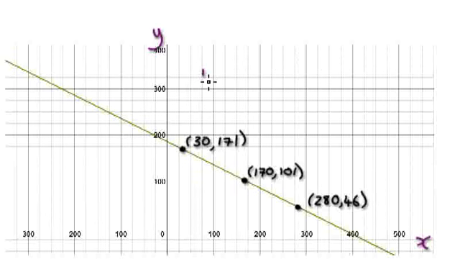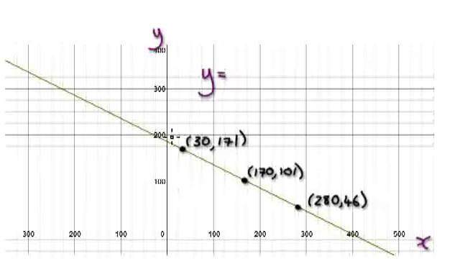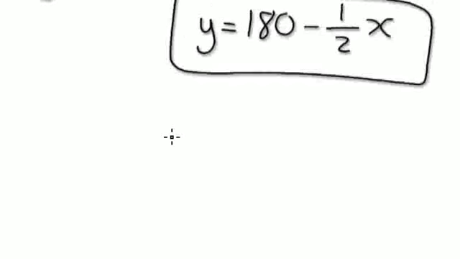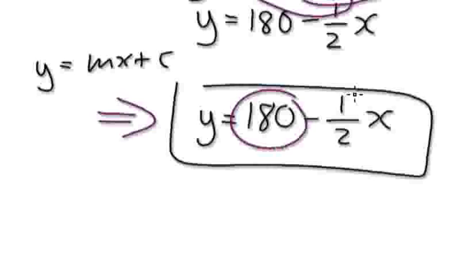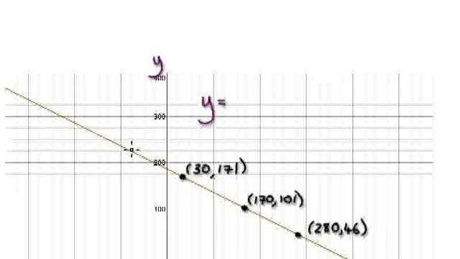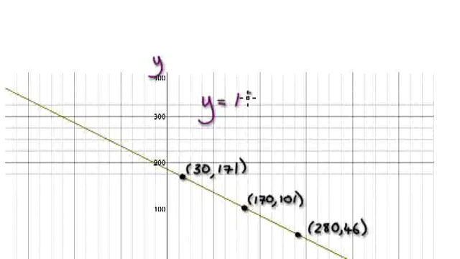The intercept is here, and the equation of this green line is y equals 180 take away a half x.